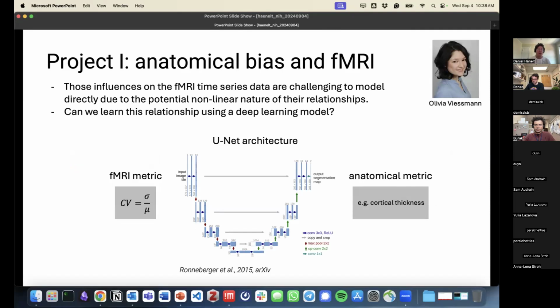And this was a project which was started by Olivier Wiesmann, who was a postdoc in Jonathan Polimeni's lab, and when I started in his lab, I continued working on this project.